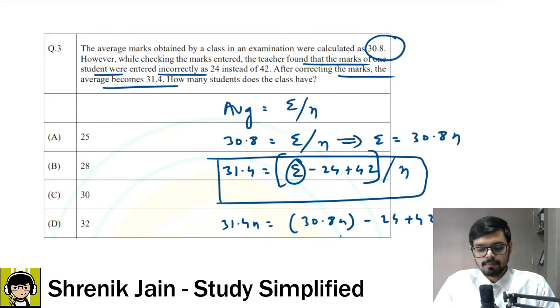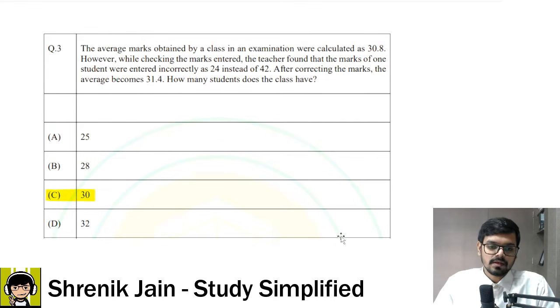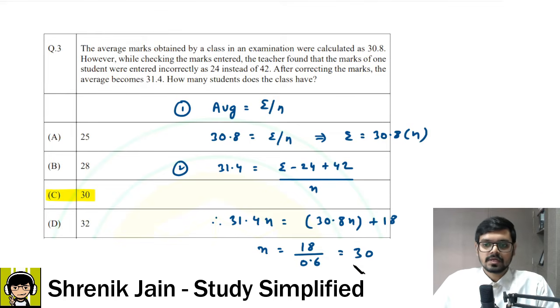Only one variable is unknown, which is n. Rearrange and simplify. Okay, so I have written the step by step solution. Minus 24 plus 42 is 18. This n goes here, and the summation was 30.8n. If you rearrange, it becomes 0.6n. So now n is 18 by 0.6, which is 30.